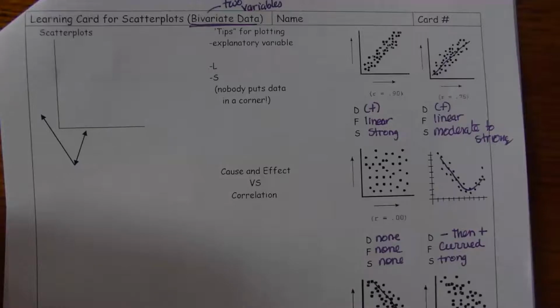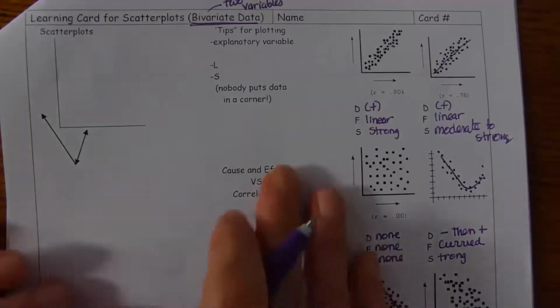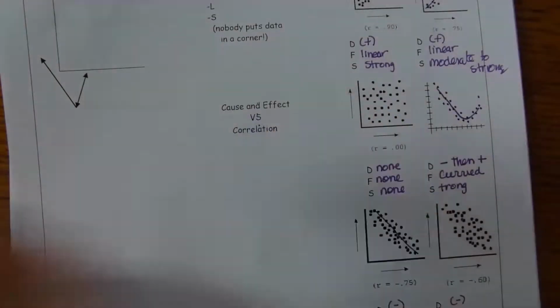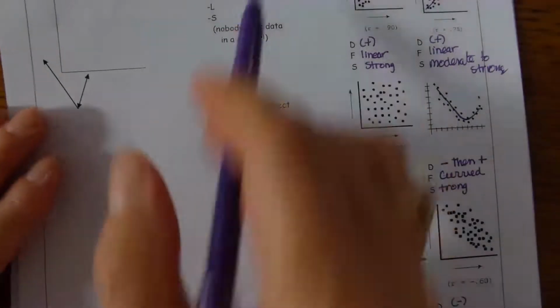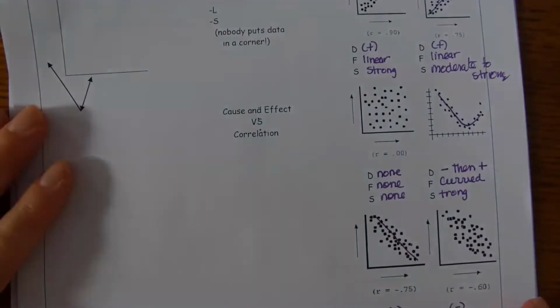So we've got to be careful with cause and effect versus correlation. A lot of times there's a correlation. We really need to do experiments to have causation. So a lot of what you think causes, if you really think about it, is really a relationship. It's a correlation, right?